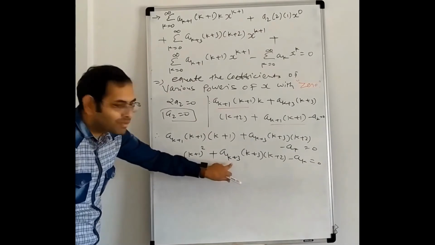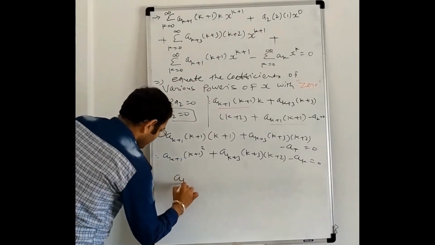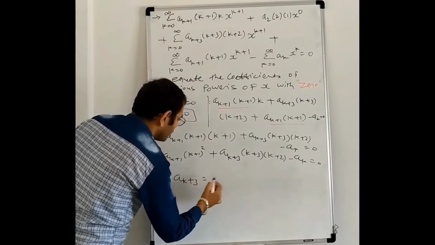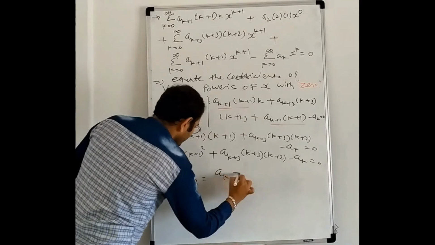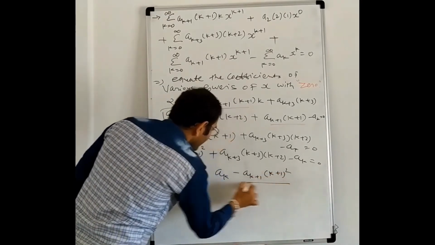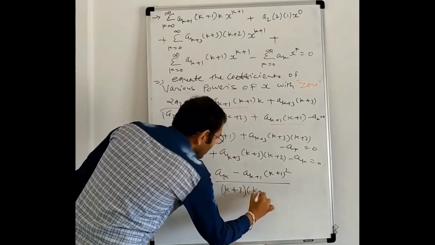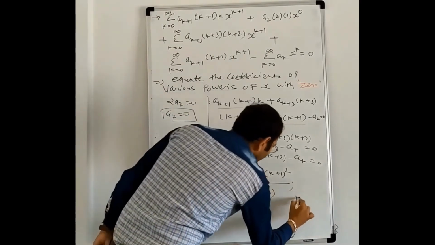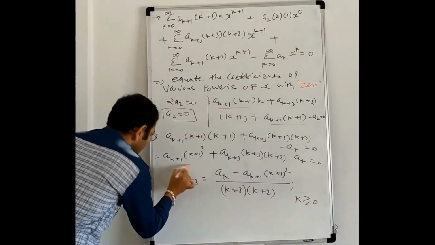Now make a_(k+3) the subject. Then a_(k+3) equals, a_k goes to that side, a_k minus a_(k+1)(k plus 1) whole square, and the denominator is (k plus 3)(k plus 2), where k is greater than or equal to 0.